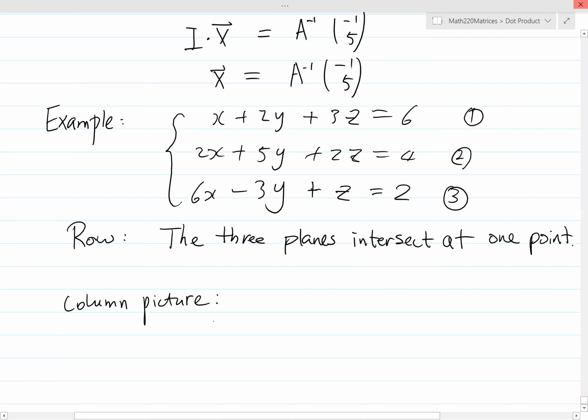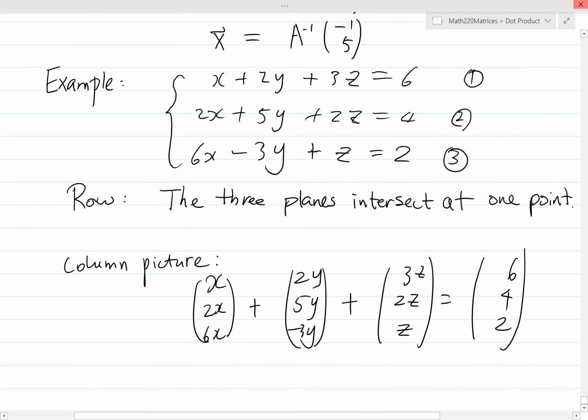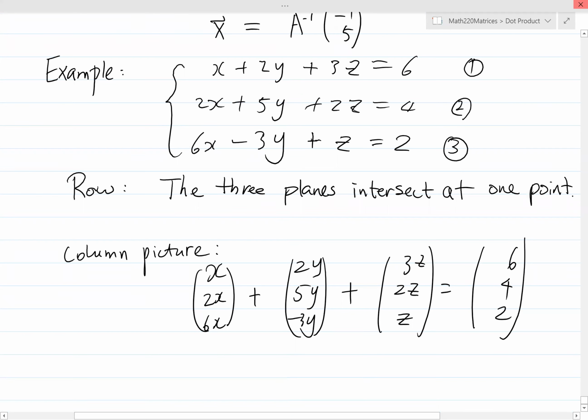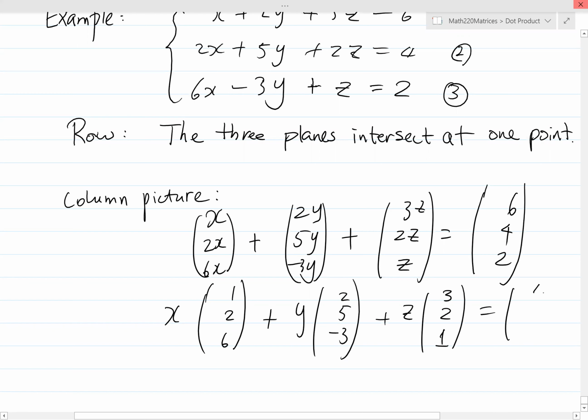If you write it in this form, x times 1, 2, 6, plus y times 2, 5, negative 3, plus z times 3, 2, 1, equals 6, 4, 2. You write it as a sum of three column vectors.